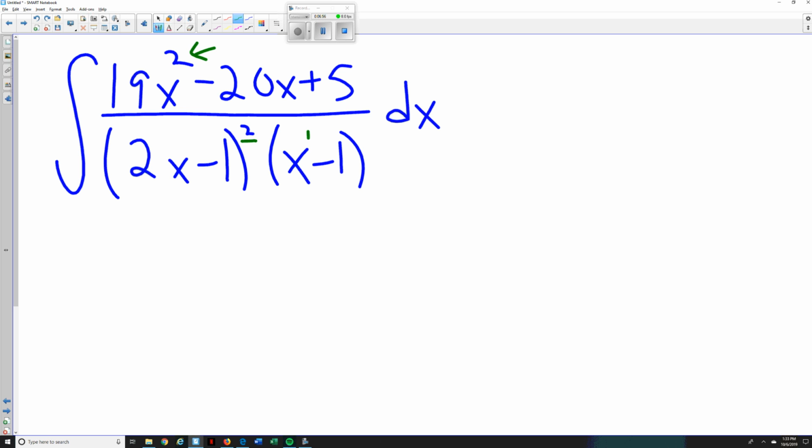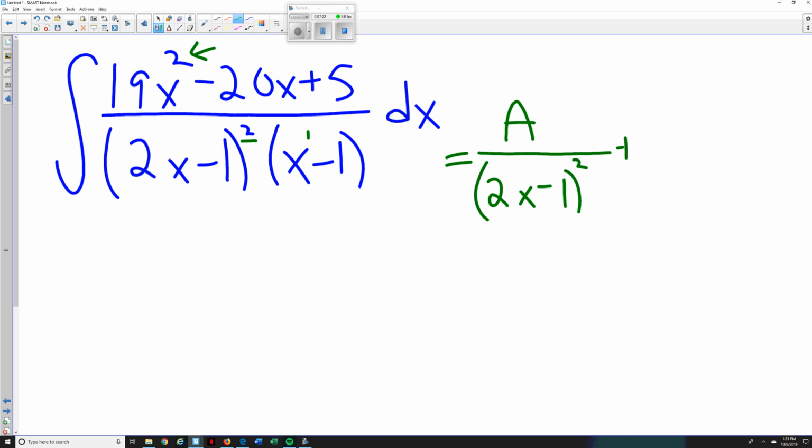Now, if you remember, we're going to take this fraction and set it equal. I'm just going to say, pretend that we have all this taken out of the integral already. But now we have to do 3 parts. So the first part is going to be a over (2x minus 1) squared.